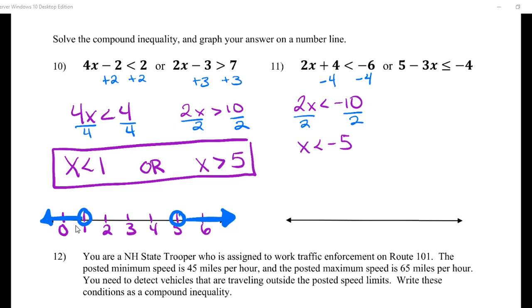And for the inequality on the right, we want to move the constant to the right side, so we would first subtract 5 because it's positive.